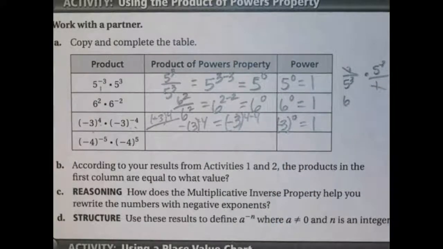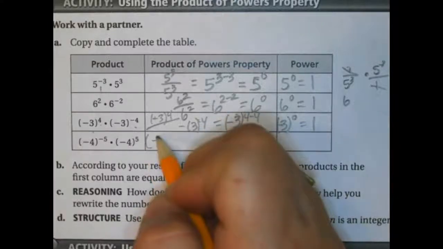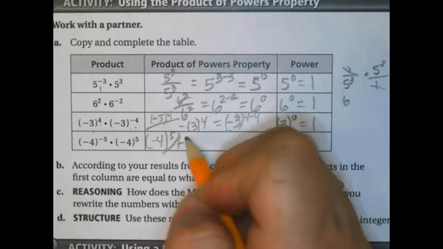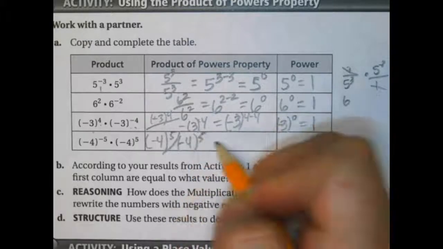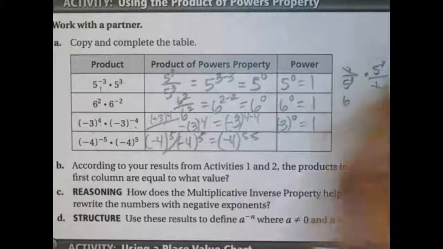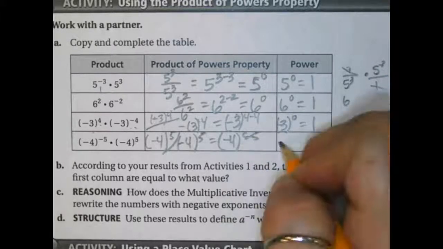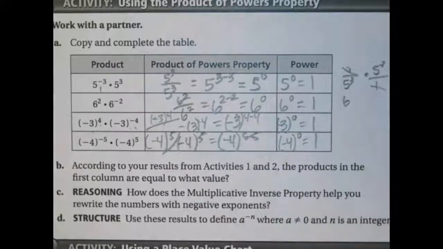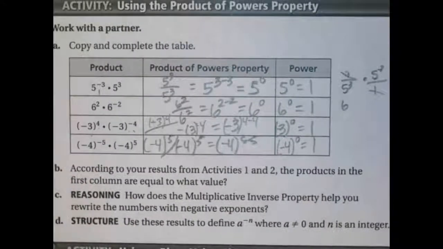This is super easy, right? You guys got this? Again, negative 4 to the 5th over negative 4 to the 5th becomes negative 4 to the 5 minus 5, which is negative 4 to the 0, which is the same as 1. Easy peasy lemon squeezy, right?